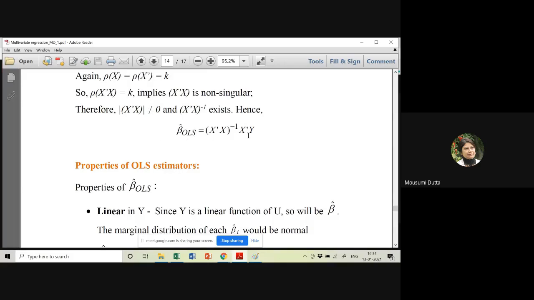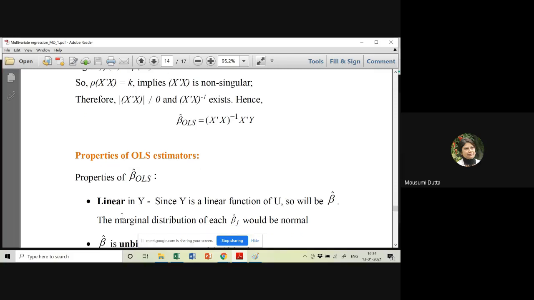So beta hat OLS is linear in Y. The first property we can mention is linear in Y. Since Y is a linear function of U, so will be beta hat. It is also linear in U.